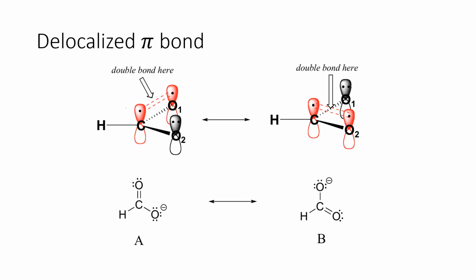They're spread across all three atoms. Here, they're spread across the carbon and both oxygens. They're not set in one spot. That's why one resonance structure does not accurately portray the molecule. It's really an averaging of both or all resonance structures.